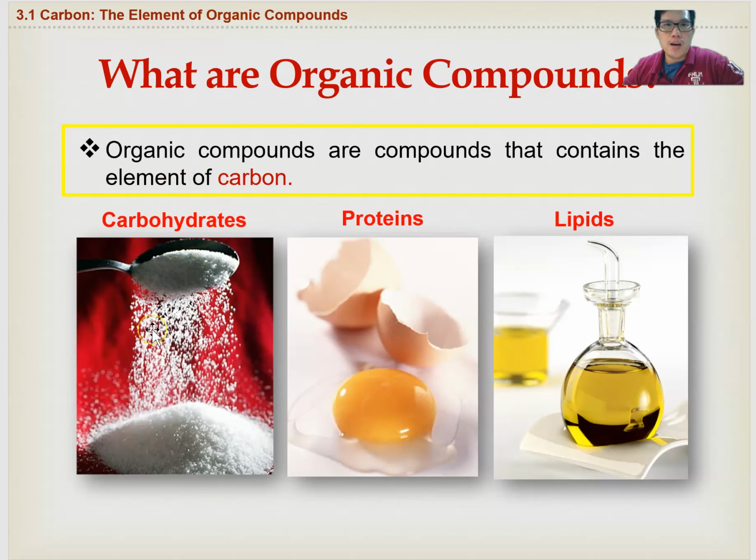Of course, you will go deeper into that. From semester 1 to semester 6, you will always encounter these three things: carbohydrates, proteins, and lipids. But different subjects will point towards different properties or different areas of these three components.